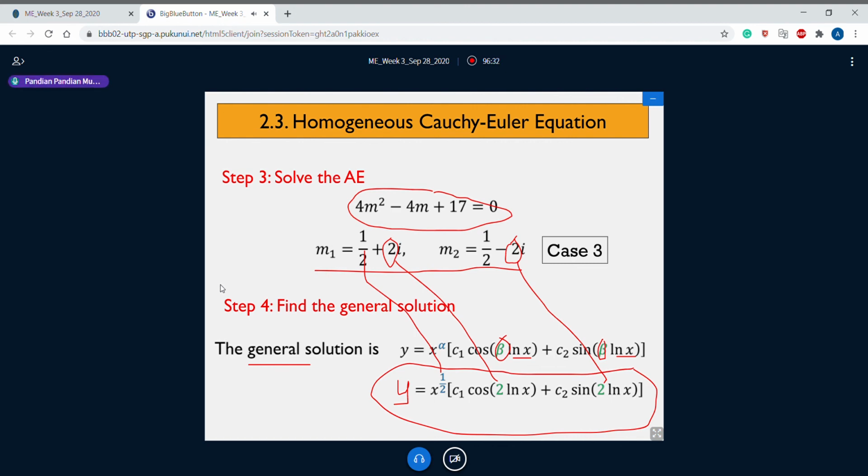Any question, class? So this is the last slide. If you have any question, you can ask now. Anything that is not clear? For the homogeneous Cauchy-Euler, there is no exercise yet, but please wait.